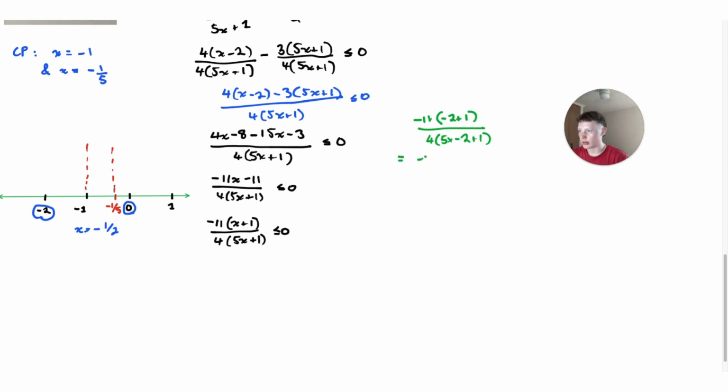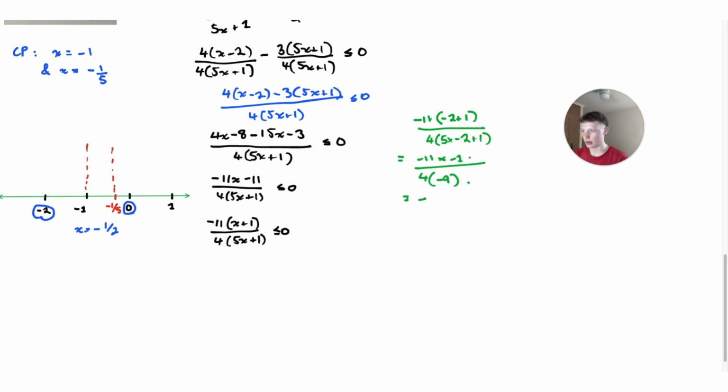So that'll be negative 11 times negative 1 over 4 outside of, that's negative 10 plus 1, so negative 9. And so that'll be a positive on the top, but a negative on the bottom.